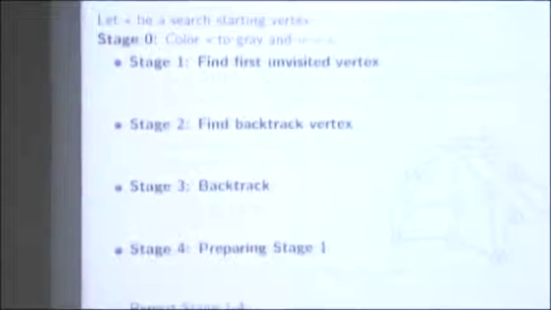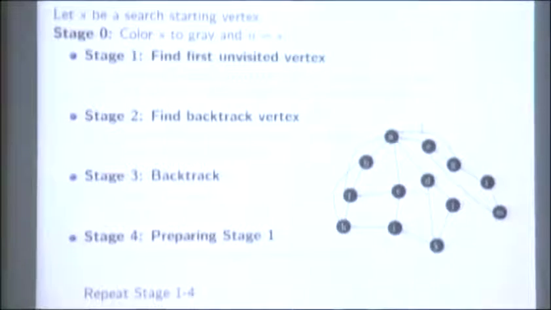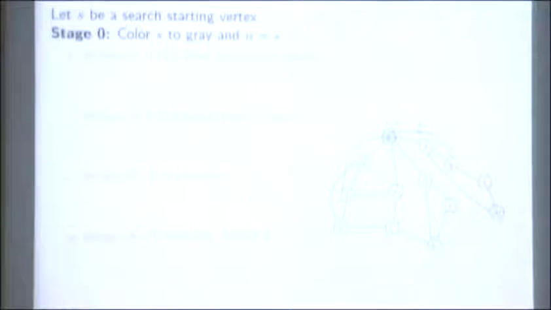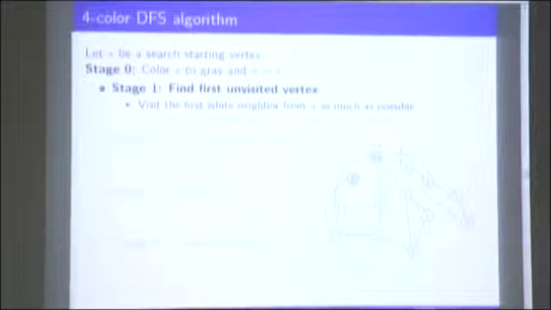Initially, all vertices are colored white, and finally all colors change to black, and the DFS is complete. Initially, we color s gray and set u to s. In stage 1, we find the first unvisited vertex again and again. So first we are at A, and next we visit vertices B, F, H, I, and C.